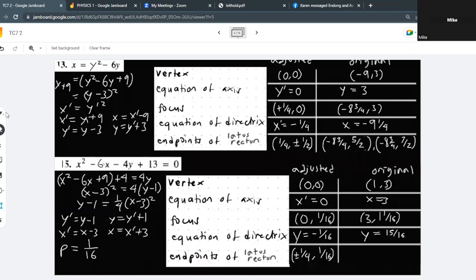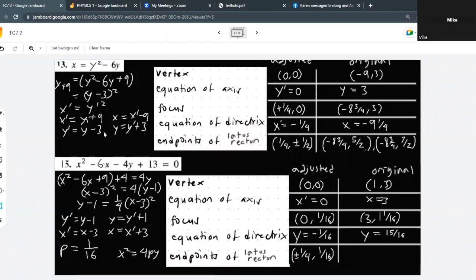Yung mga naunang exercises ba ganun din yung ginawa natin? Wala naman bang P eh. So 4p is equal to 1. Okay, so paki-check lang yung mga nauna.